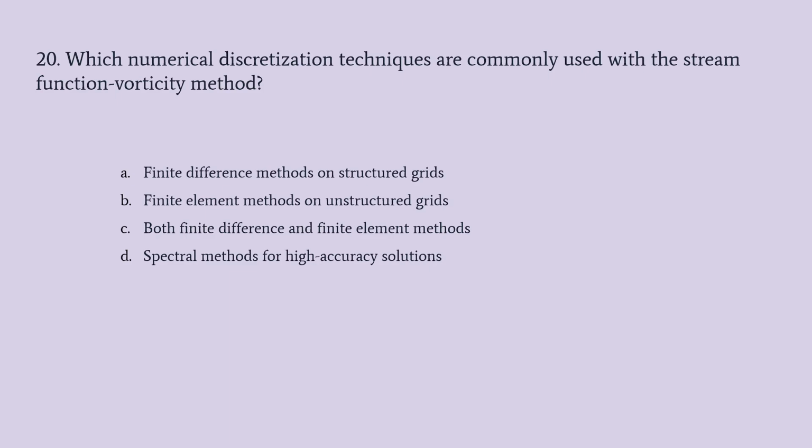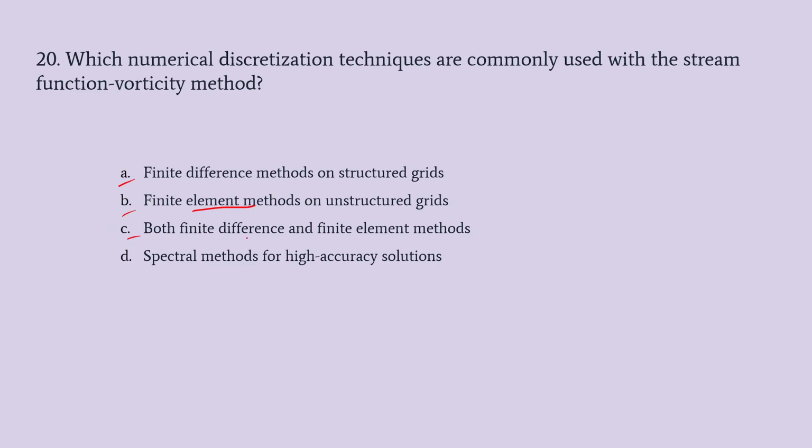Next question. Which numerical discretization techniques are commonly used with stream function vorticity method? Options are: option A, finite difference method on structured grids. Option B, finite element methods on unstructured grids.